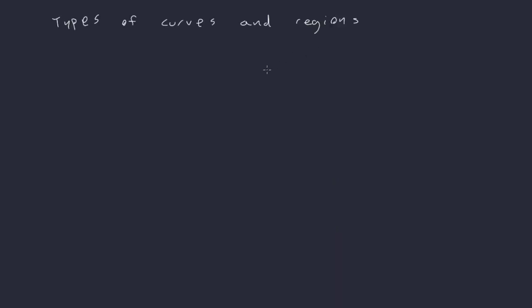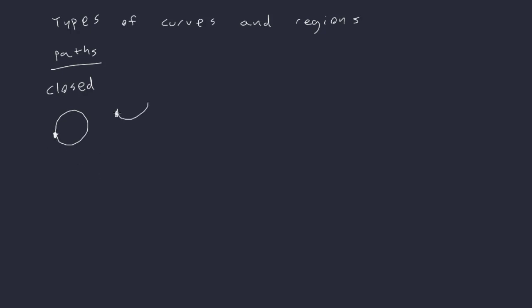All right, now before we really get into what Green's theorem says, we need to talk a little bit about the types of paths and curves and types of regions that they can enclose. So let's talk about the types of paths that we can have. There is closed, which we've talked about. That's where we start at the same point where we end, right?